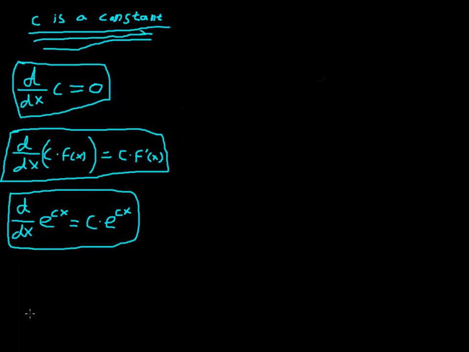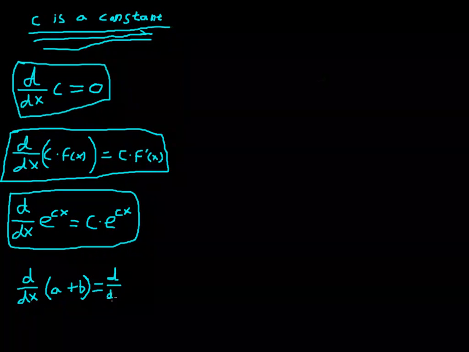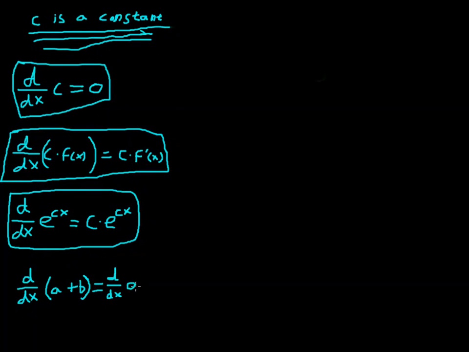Okay. Now, finally, the sums rule. So d by dx of, you can call it a plus b, doesn't matter if they're functions, constants, whatever, anything a plus b is equal to d by dx of a plus d by dx of b.